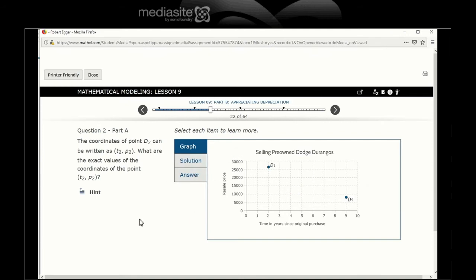So the coordinates of point D2 can be written as t2, p2. That means this can be written as coordinate pairs, t first. So when t is 2, p is 26,000. And when t is 9, p or y will be 8,350.